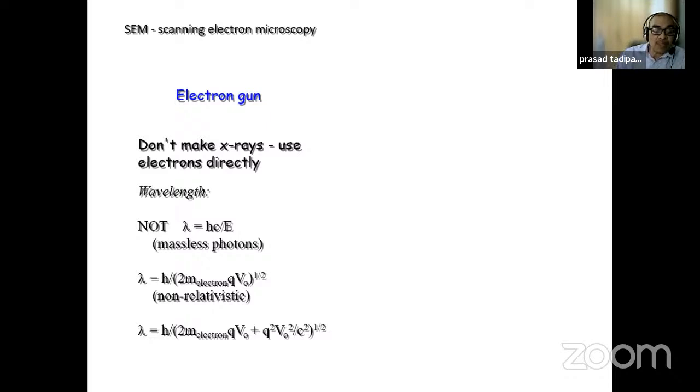But TEM gives only 2D images, and SEM scans the surface of the sample bit by bit completely, whereas TEM looks at a relatively whole area of the sample all at once.